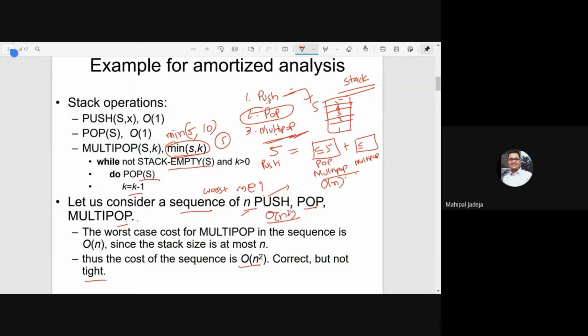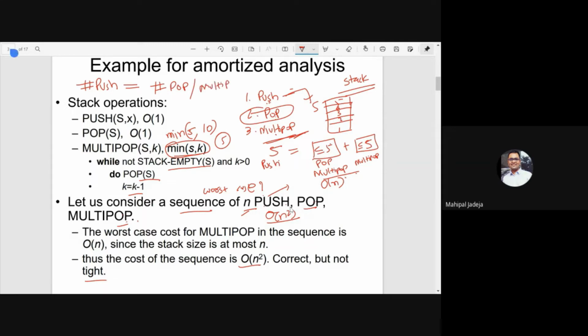Can it remove 10 elements? No. At most again it can remove 5 elements. Do you agree? So in terms of number of elements, can I say that the number of times I am applying push operation is equal to the number of times I am applying pop operation or multi-pop operation?